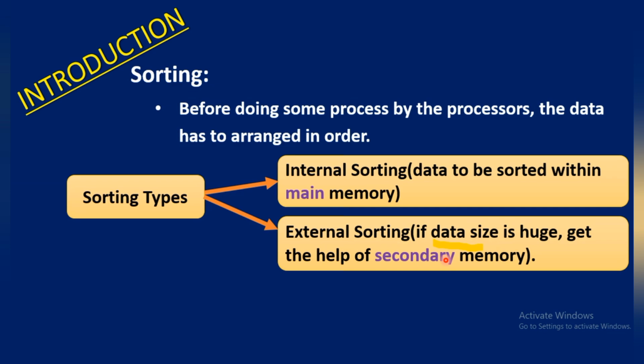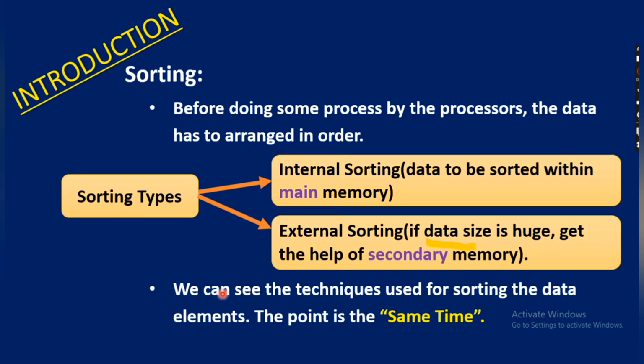So we have two types of sorting: internal sorting, which is done for data arranged in main memory, and external sorting, where we sort the data that is arranged in secondary memory, right friends?